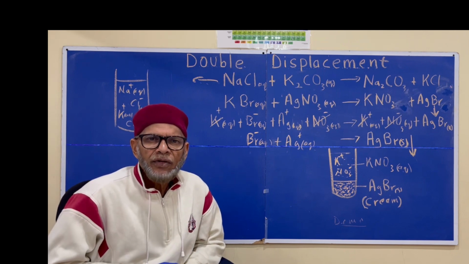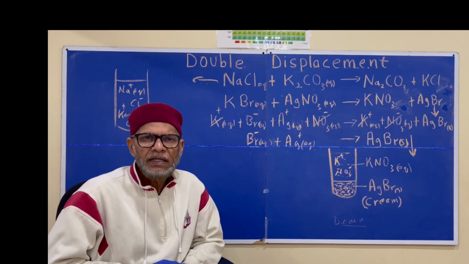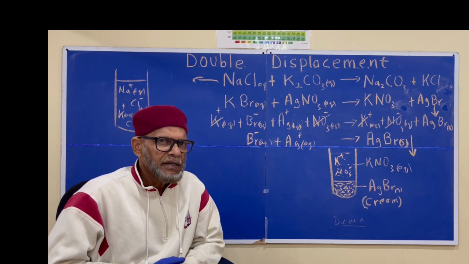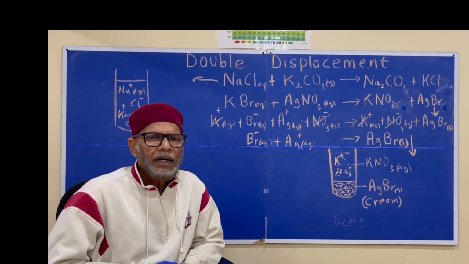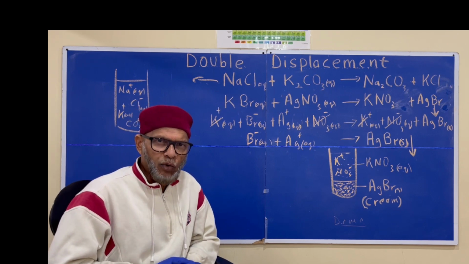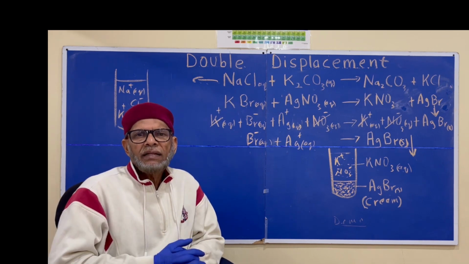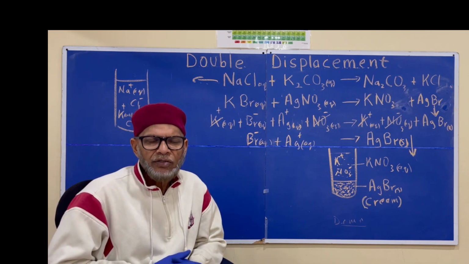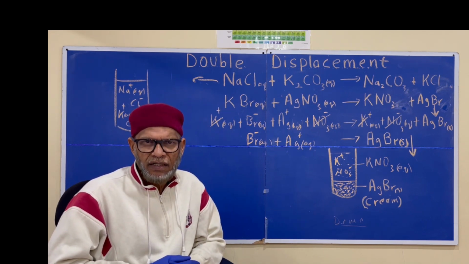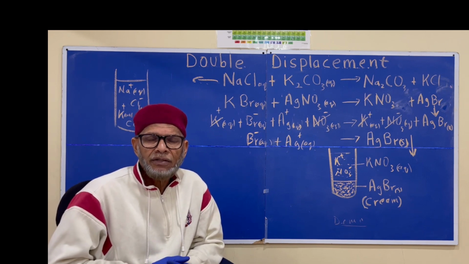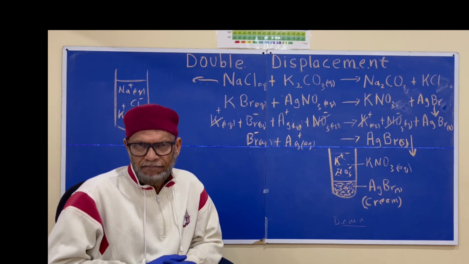The reaction between solutions of strong bases and solutions of ammonium salts is identified by the evolution of a colorless, pungent-smelling ammonia gas that turns damp pink litmus paper blue. And finally, the reaction between solutions of acids and solutions of bases is identified by a change in pH of the mixture and the evolution of heat.